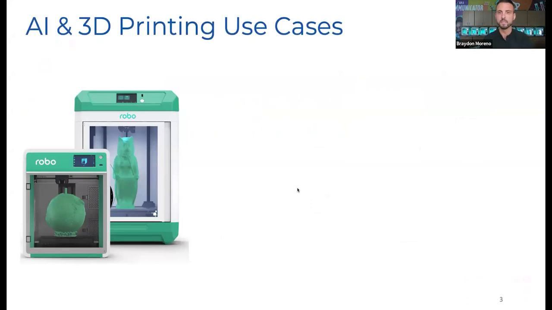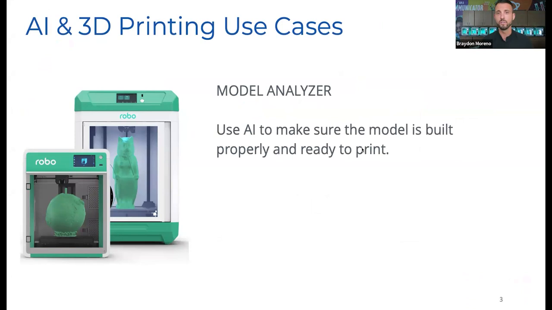This isn't necessarily a current use case, but a future use case. Here are a couple of ways that we can use AI for 3D printing and actual hardware. One of them is a model analyzer, right? Use AI to make sure that the model is built properly and ready to print.